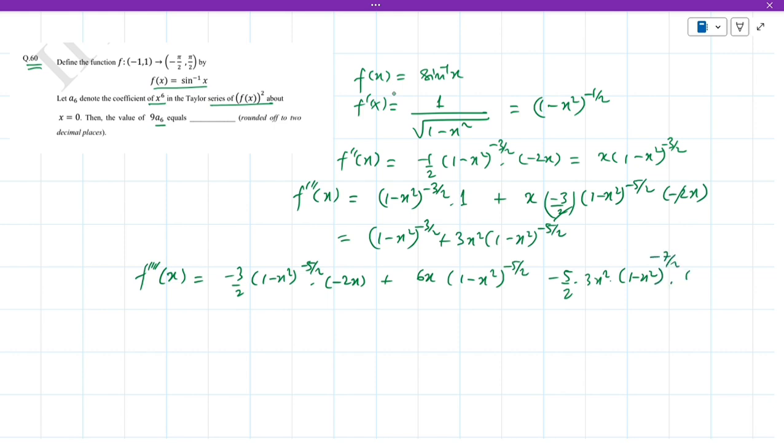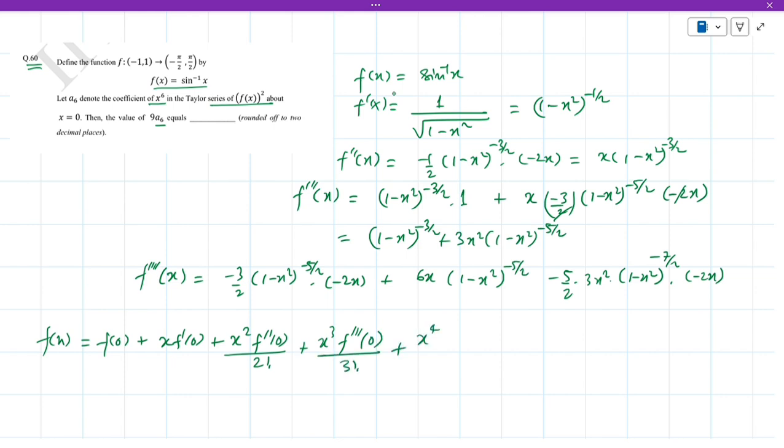This we got. Now, the Taylor expansion of f(x) centered at 0 is given by the formula f(0) plus x f dash 0 plus x square f double dash 0 divided by 2 factorial, plus x cube f triple dash 0 divided by 3 factorial, plus x to the power 4 f fourth derivative at 0 divided by 4 factorial, and x to the power 5 f fifth derivative at 0 divided by 5 factorial.